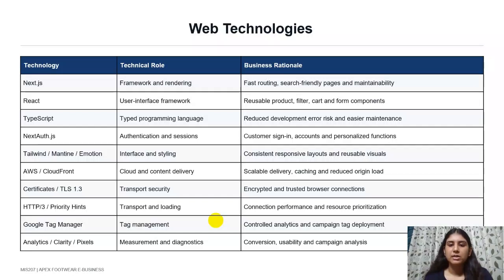AWS and Amazon CloudFront support cloud delivery and content distribution. TLS 1.3 supports secure transport. Google Tag Manager supports tag management. Google Analytics, Microsoft Clarity, and Advertising Pixel support measurement and diagnostics.